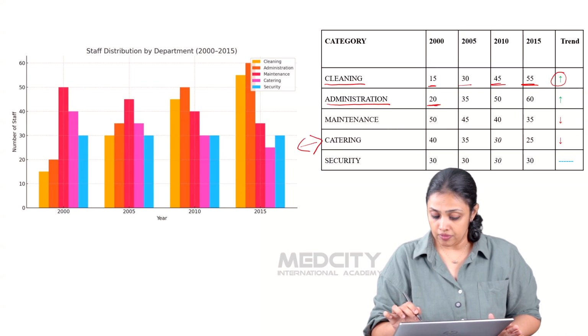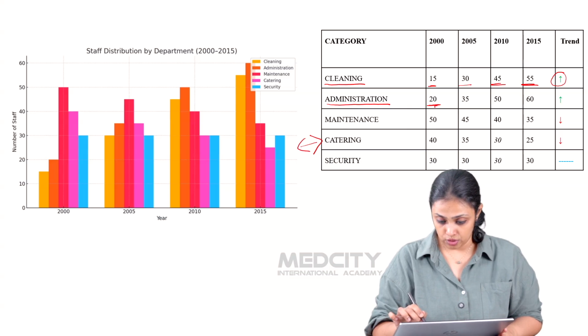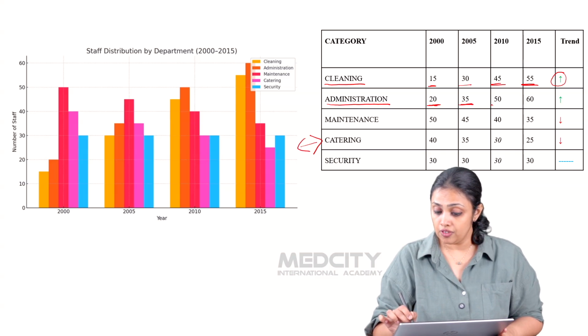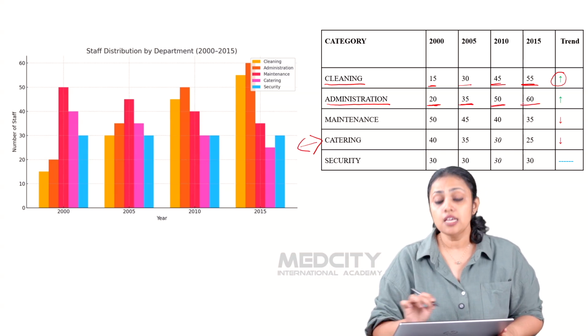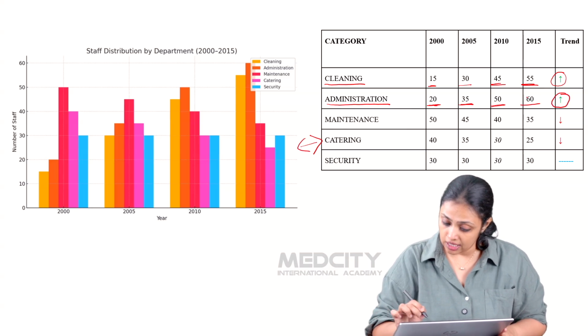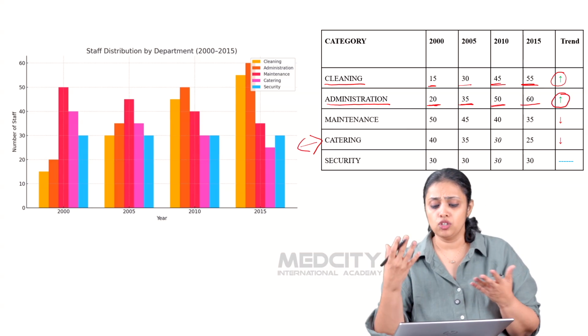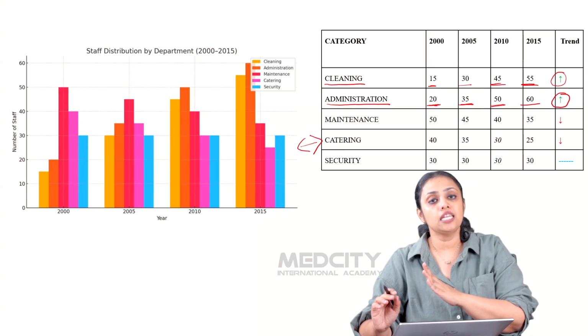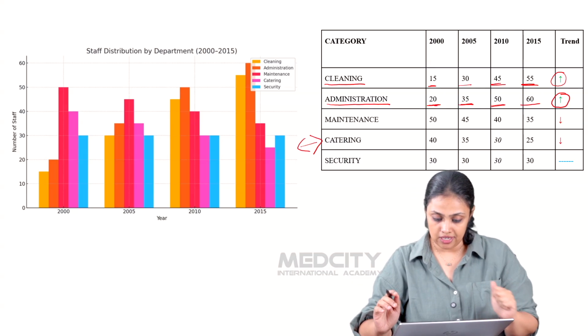Now, when we consider the admin staff, in 2000 it was 20. It again increased to 35 in 2005, then further increased to 50 in 2010, and finally it hit 60 by 2015. So this is also an increasing trend, and in a similar fashion to the cleaning staff, it has also exhibited a steady, step-by-step increase.